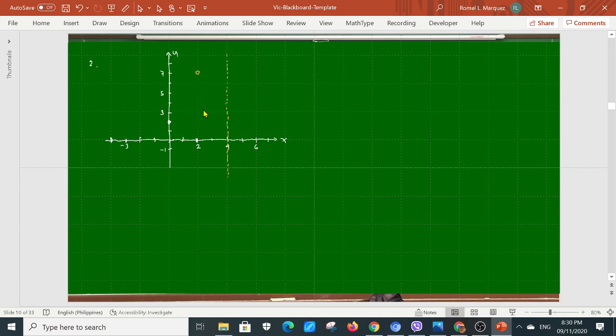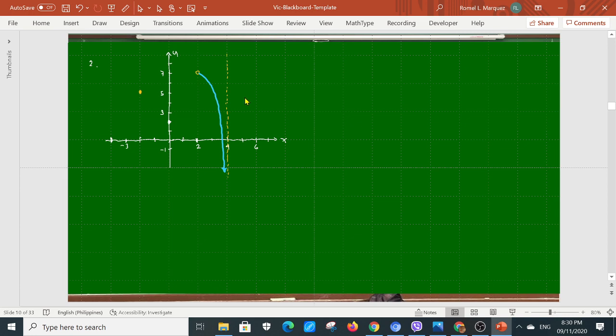And then I have here negative 2, negative 2. Then I have this value 5. Okay. So let me now have the graph. Let's see if you will be able to read the graph that I have. That's the behavior.